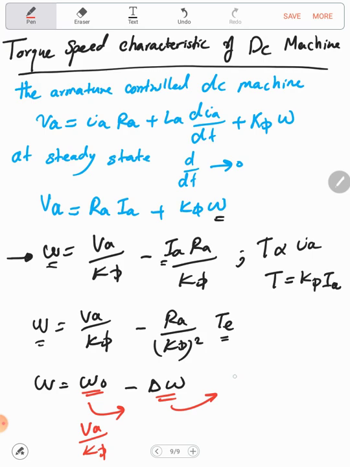So this one is equal to RA over K phi IA, or simply it's also equal to RA over K phi squared T.